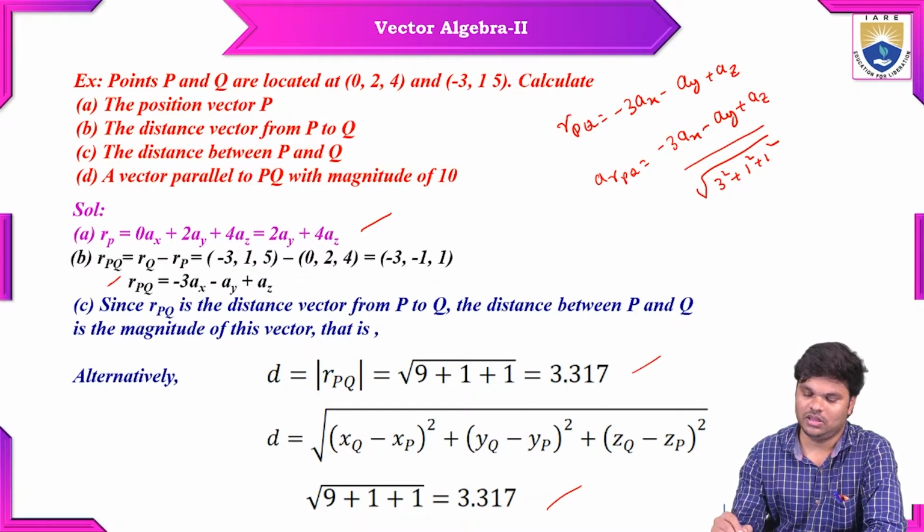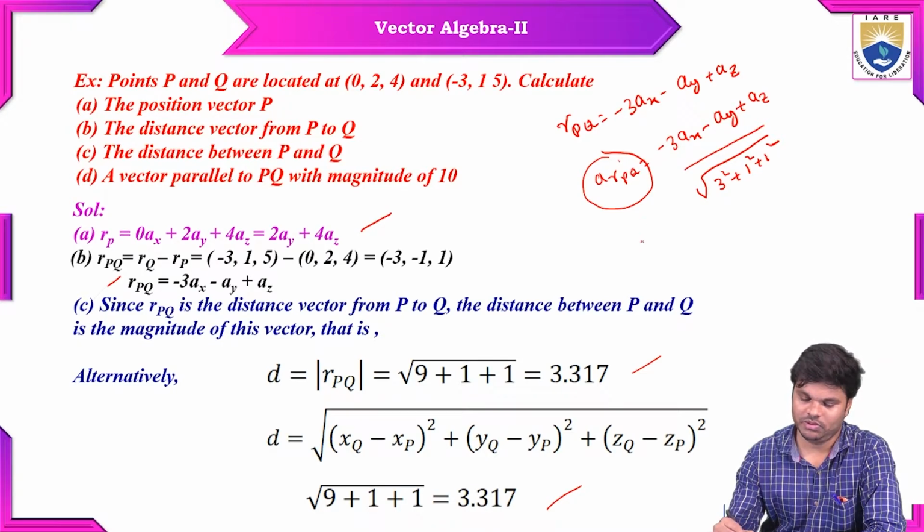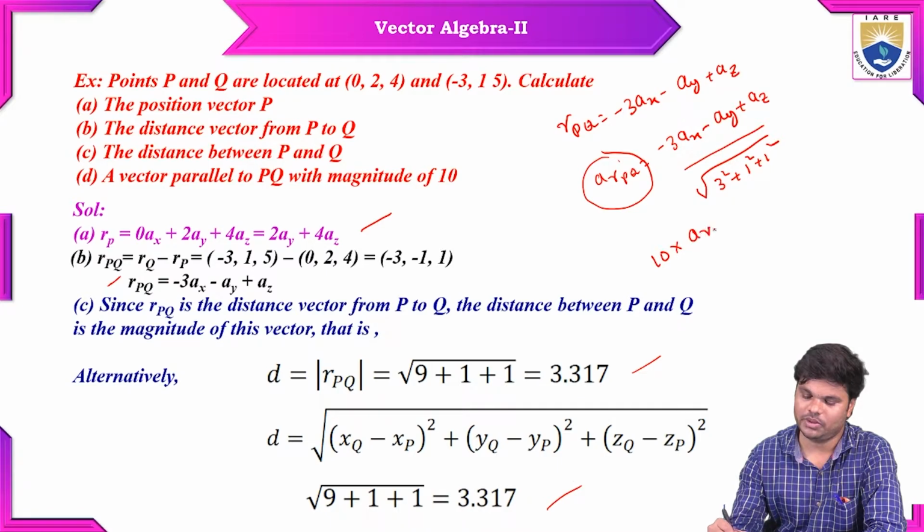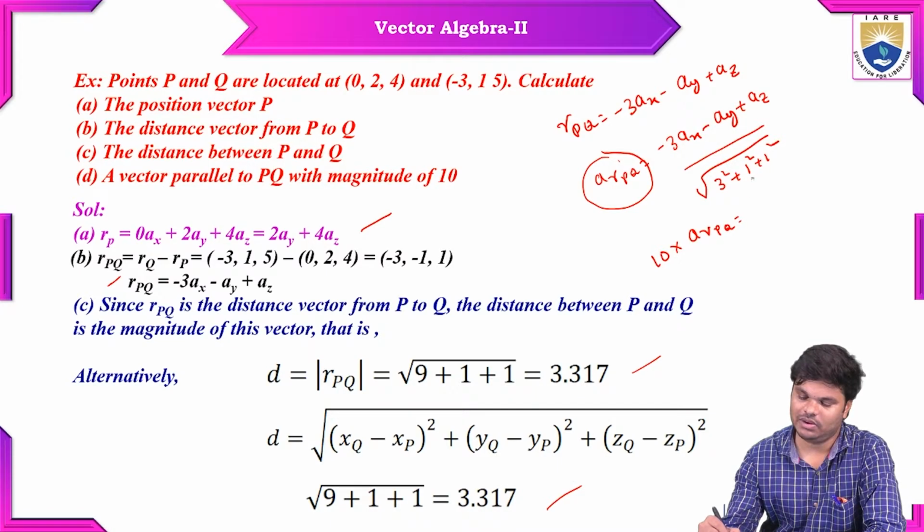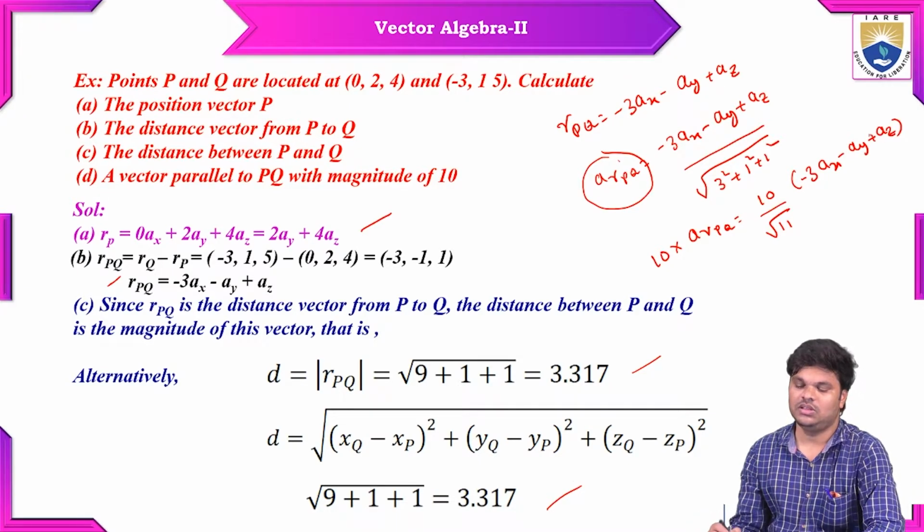If I multiply this unit vector ARPQ by magnitude 10, I get 10 by root 11 times (-3AX minus AY plus AZ).